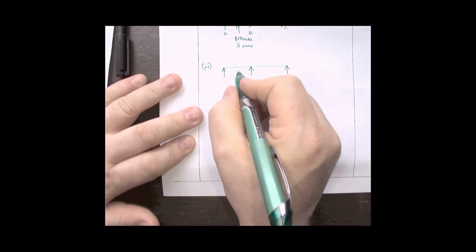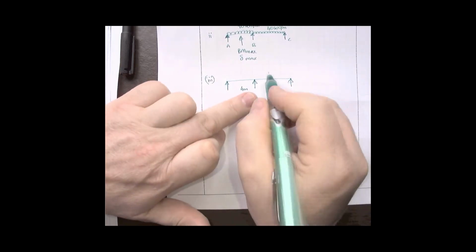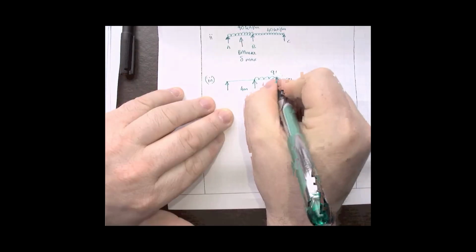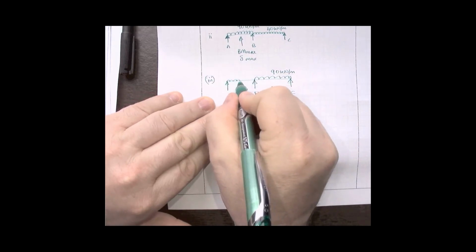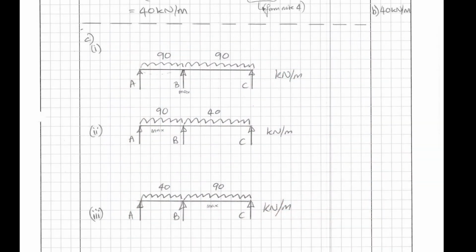So if we're trying to have the worst case in between B and C, we would have our 90 kilonewtons per meter there and only have 40 kilonewtons per meter there. Now that would give us the maximum bending moment and deflection at this point. So that's how you use unfavourable and favourable loads for 3 different loading conditions to work out the worst case scenario for the beams AB, BC, and for the columns.